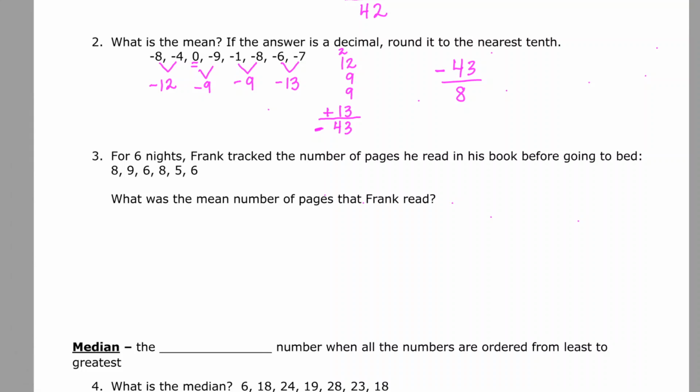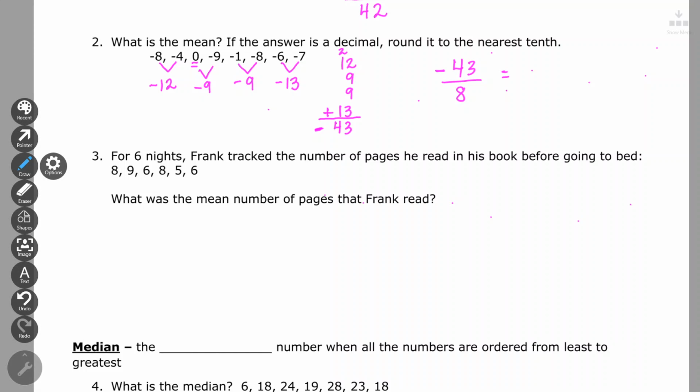Now, negative 43 divided by 8, if you use your calculator for that, you would get negative 5.375. Now, the directions say round it to the nearest tenth. Remember, the tenth space is one place to the right of the decimal.